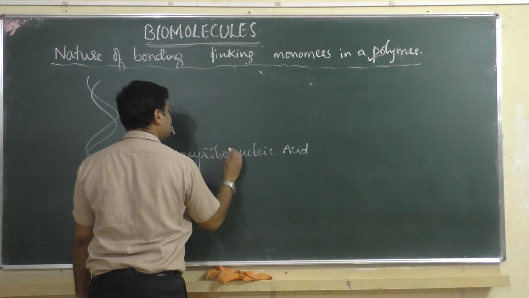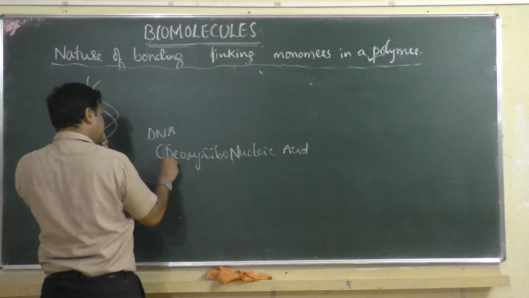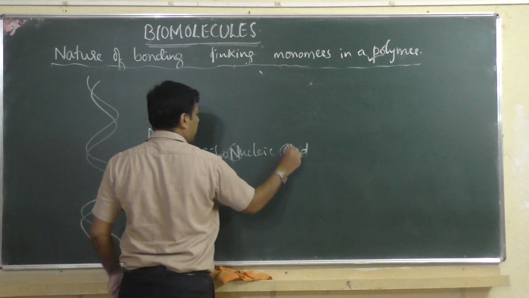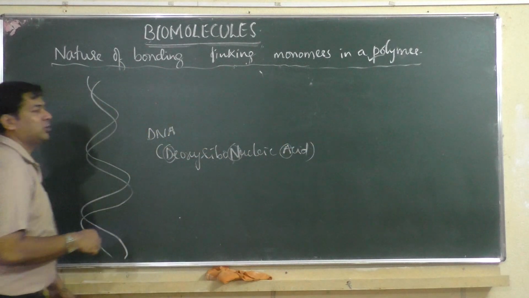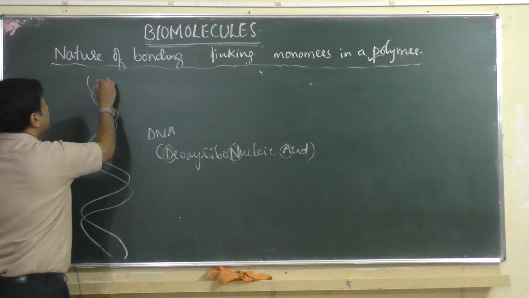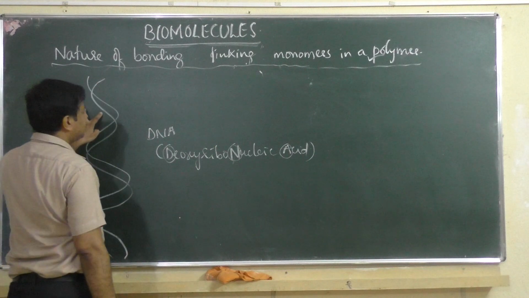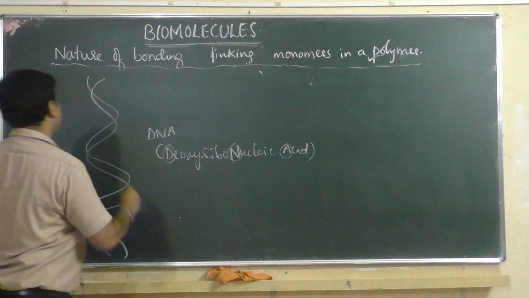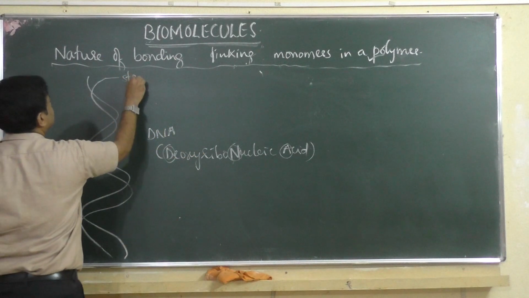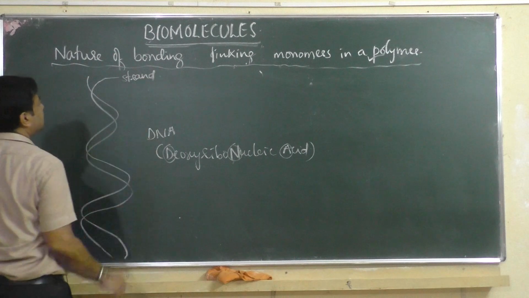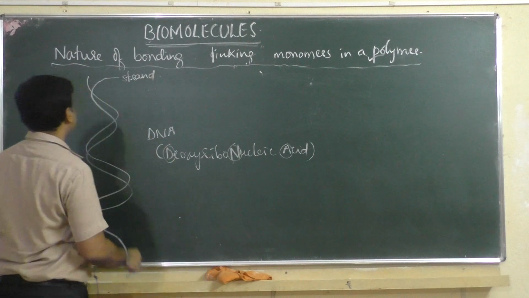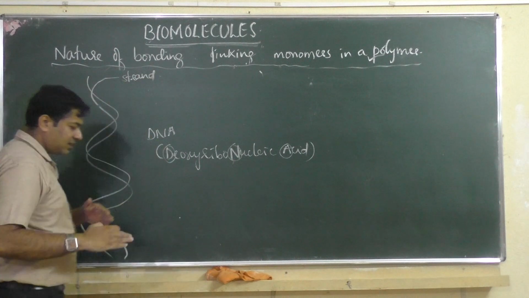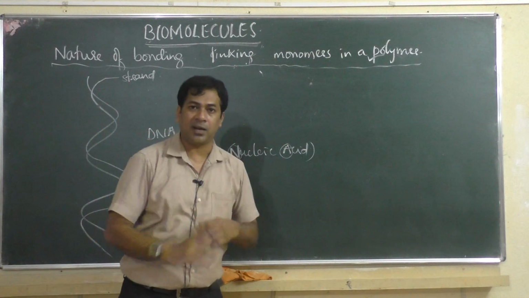You can write N capital, so it is DNA. Already you know, I don't have to tell you, there are two strands here. Two strands means two ribbon-like structures coiled like this. Each one is called a strand, no? So two strands are there. Strand means thread-like structure. Okay, and both the strands will run anti-parallelly.